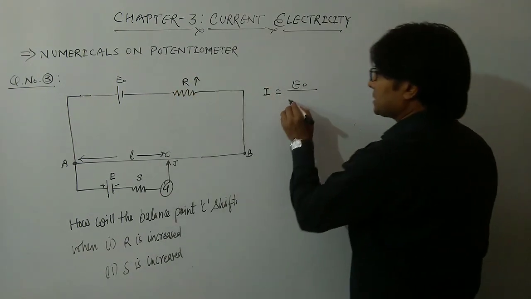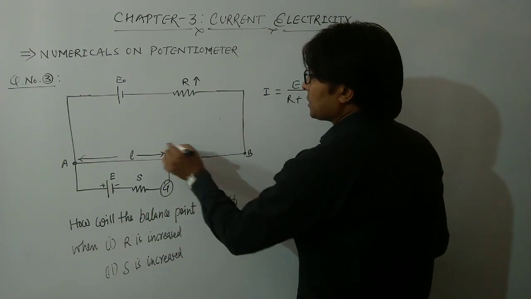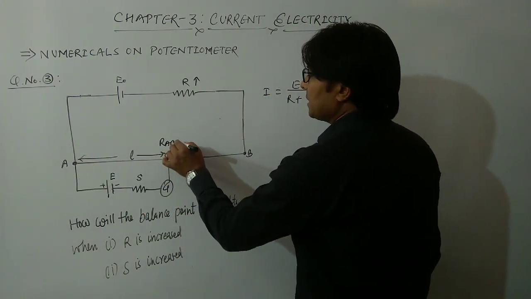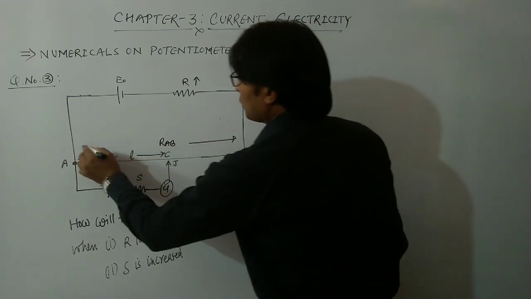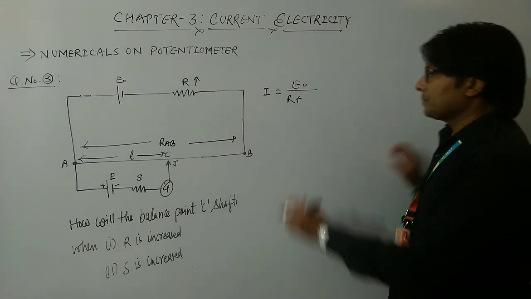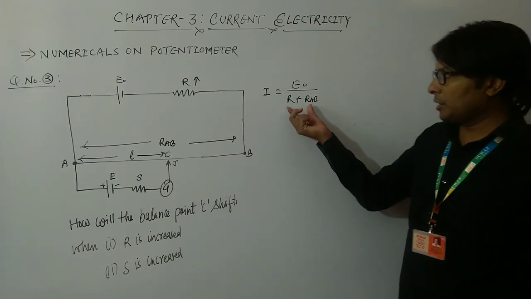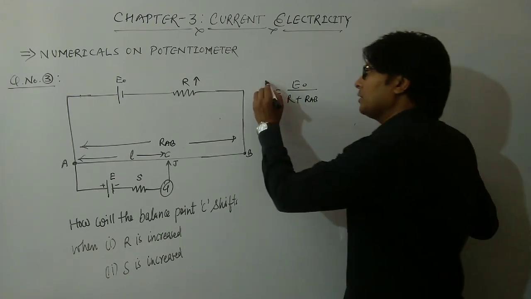The resistance is R plus the resistance of this wire AB. Suppose the resistance of wire AB is RAB. Although this value has not been given, it is not necessary here. So RAB plus R will be the total resistance.